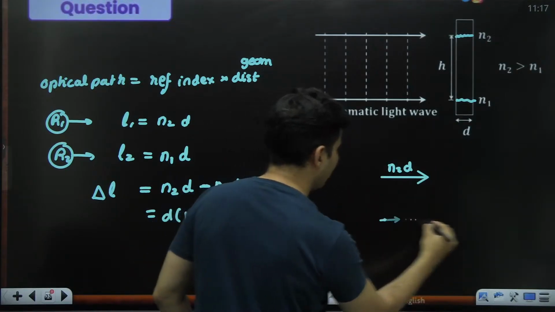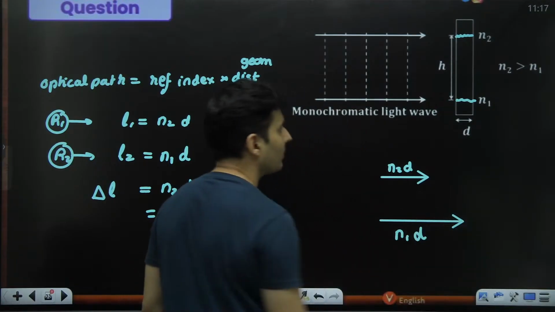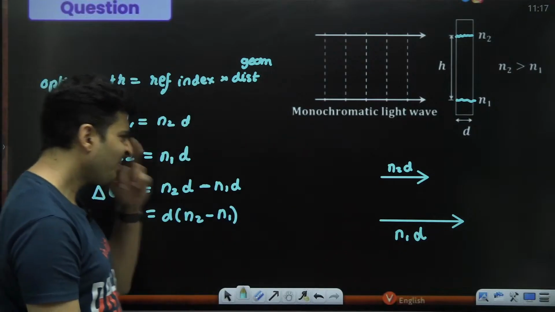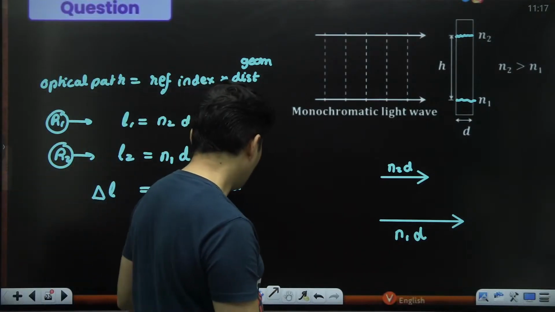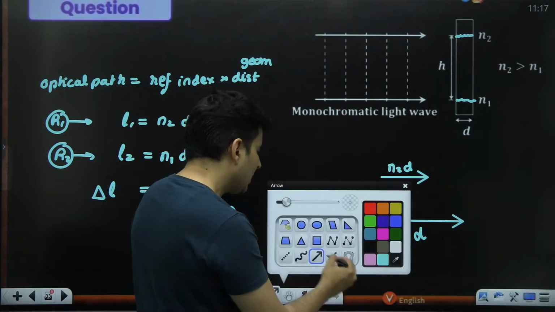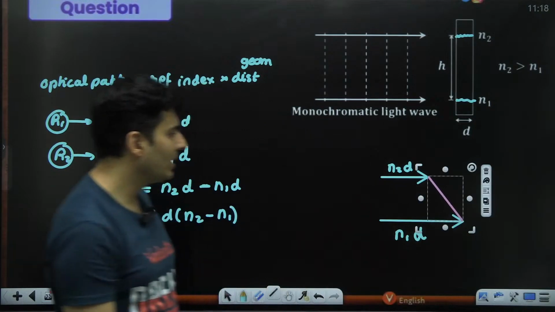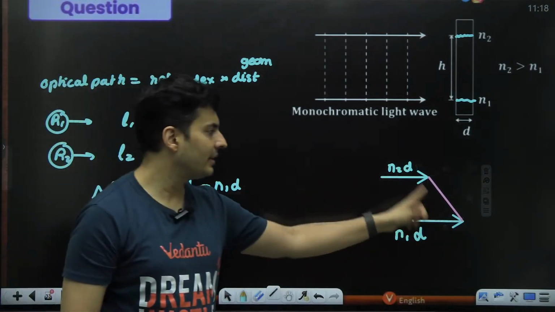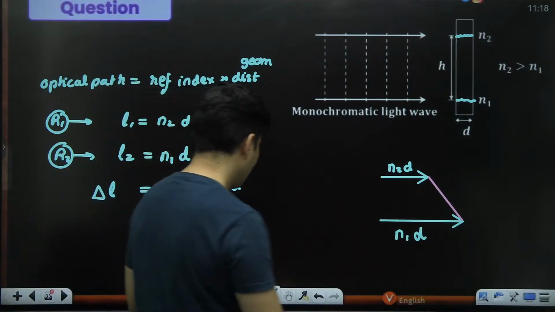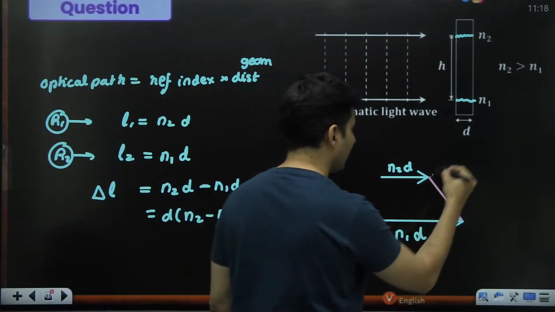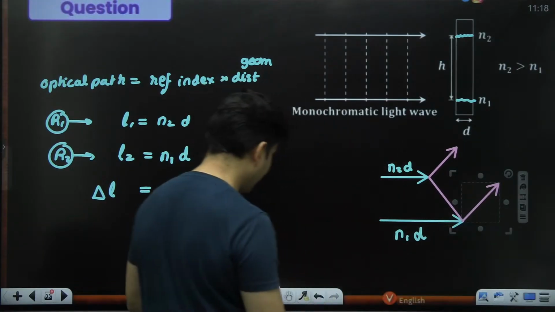This particular ray would have traveled slightly more distance, let's say n1 times d. Now, do you see that these two rays are now making some angle over here? And finally, we know our rays are going to come out like this, so it is deflected.